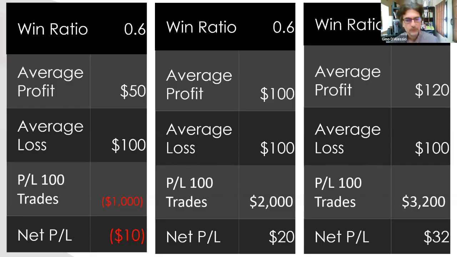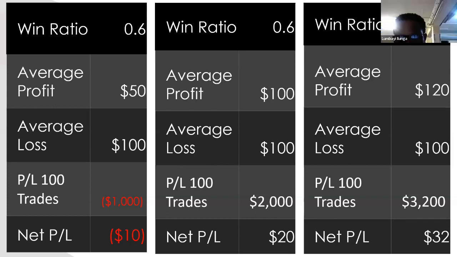Right. What we're talking about here is the win ratio, which means the number of wins out of 100 trades. So if you put on 100 trades and you win 60 of them, you get a win ratio of 0.6 or 60%. And the average profit is all the profits of all your profitable trades divided by the number of trades.